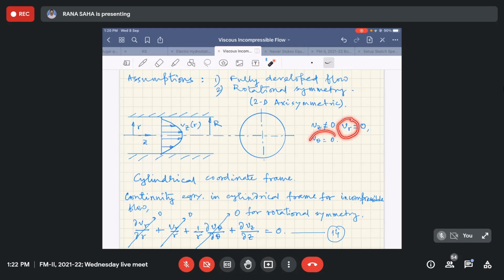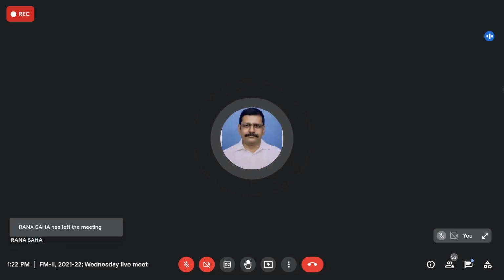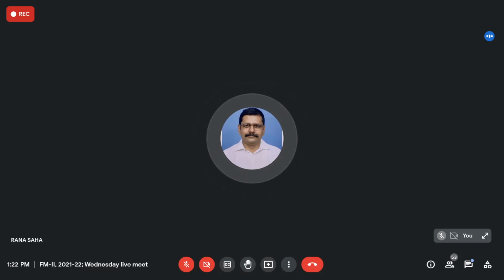I have directly taken the form of the continuity equation in cylindrical frame, and putting in the terms which do not exist, like del Vr del r, as Vr is equal to 0, there won't be any such gradient.